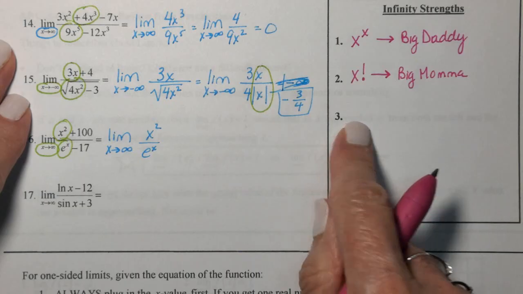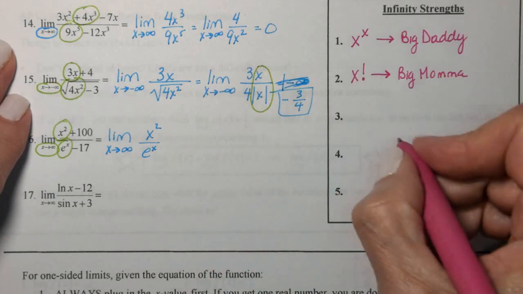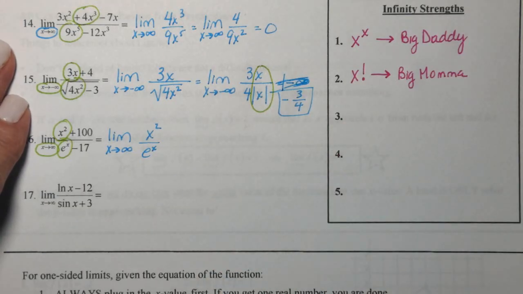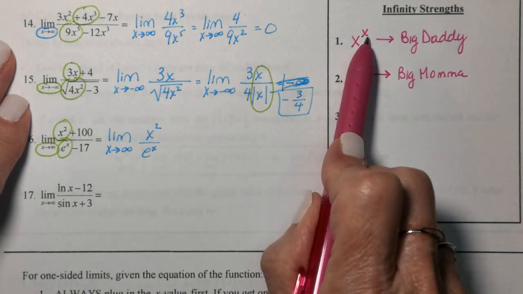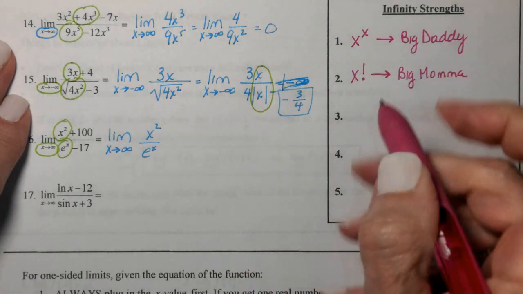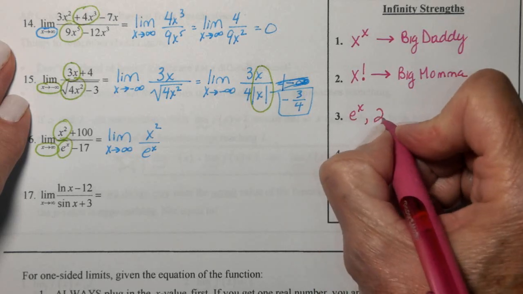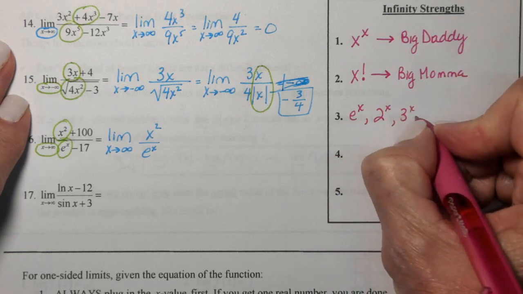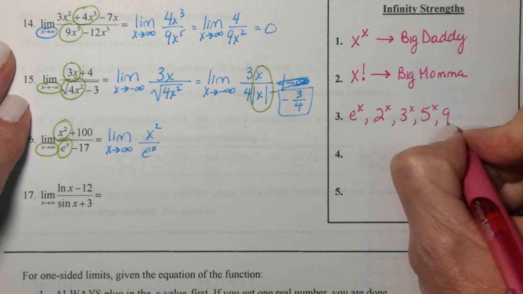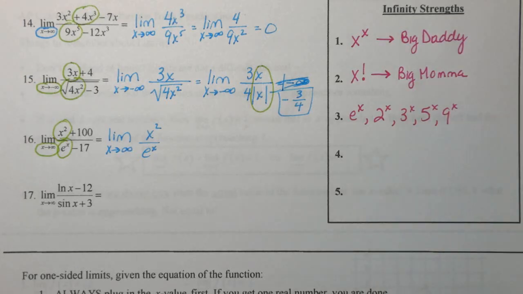Next in line, all of our exponentials. So x is in the power, but we have a number as the base. So e to the x, 2 to the x, 3 to the x, 5 to the x, 9 to the x. The base has got to be larger than 1.